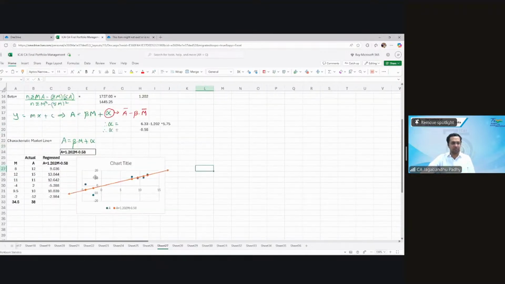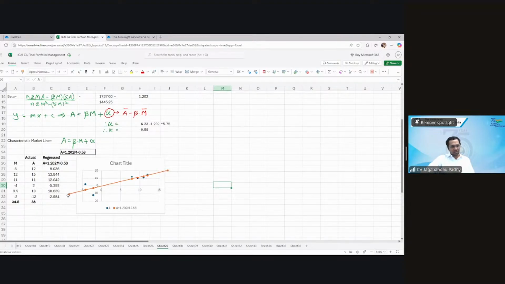The actual returns may be scattered, but the estimated returns are forming a straight line. Yes, and the straight line passes through the scatter plot. Am I right? Yeah.